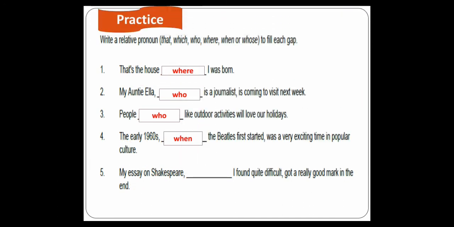So my essay on Shakespeare, which I found quite difficult, got a really good mark in the end. So here we have where for place, who for a person, who again for people, when for time, which for something. That's great. Now let's move to another exercise.